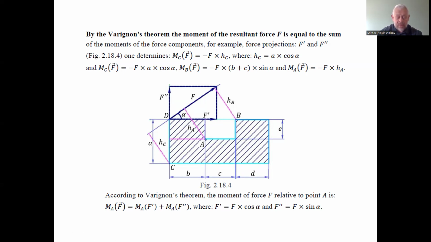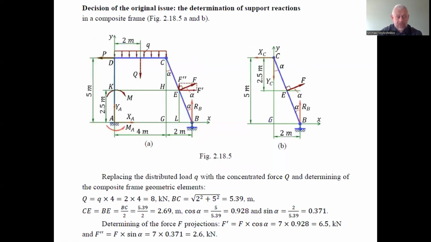So this is just a reminder of the rules we use to solve the assigned task to find the reactions in a statically determinate composite frame.